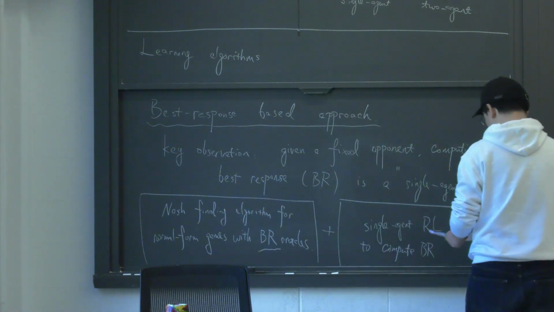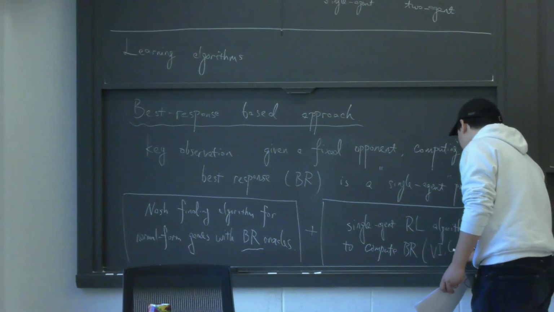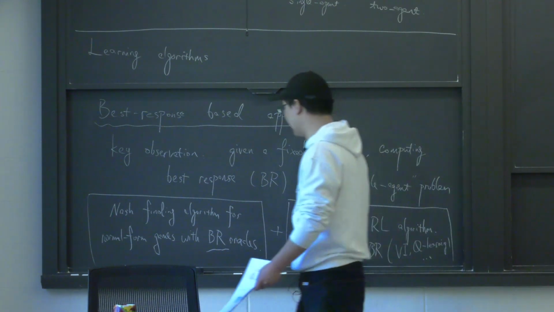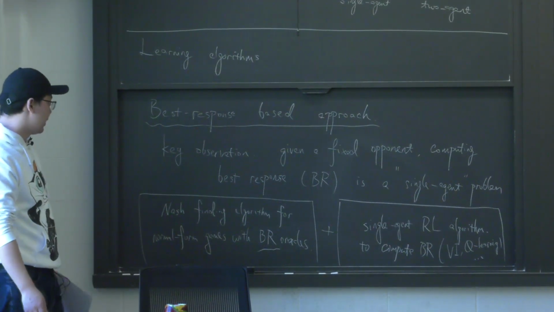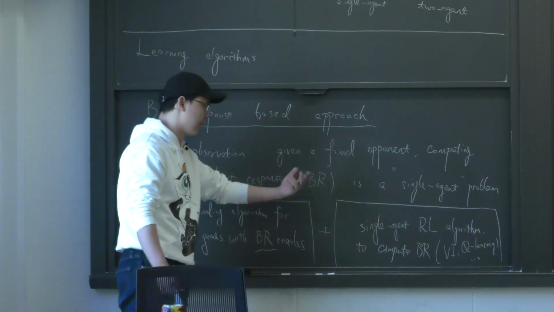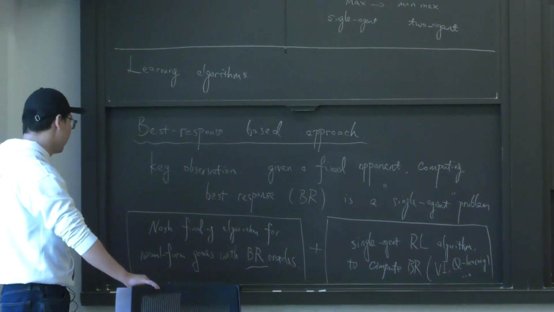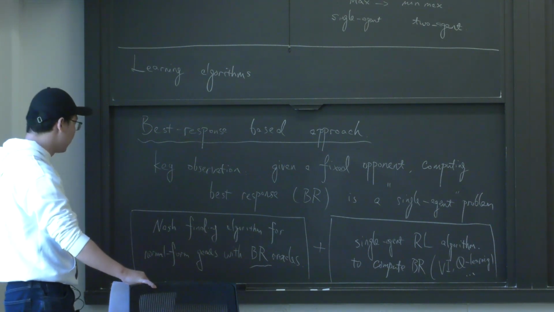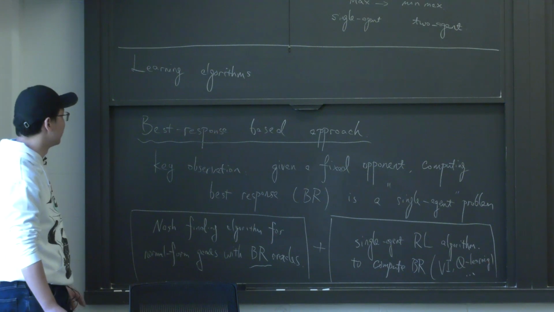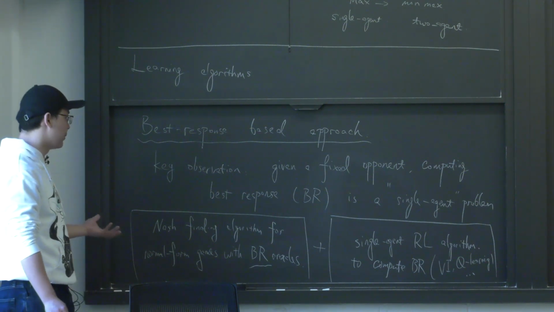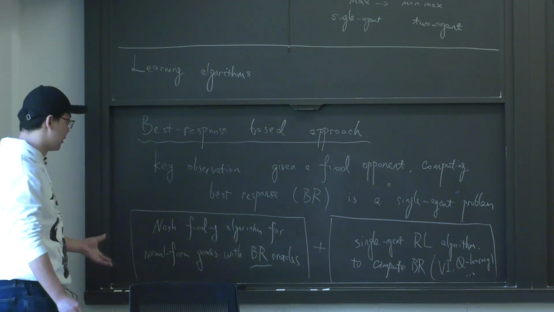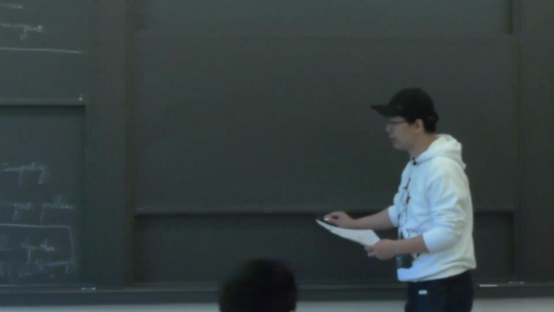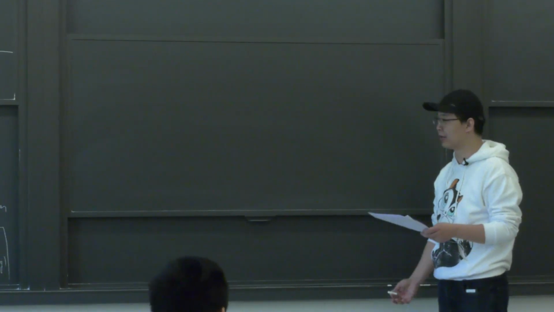There are a lot of algorithms like VI, Q-learning, PPO, DQN, and many others. If we use this generic recipe, then the second part we have already talked about for most of this semester. So we only need to focus on the first part, the Nash finding algorithm for normal form game that calls a best response oracle. This has actually been the recipe for solving StarCraft and a lot of games before. We will talk about specific algorithms, and later about the drawbacks of this style of algorithms.